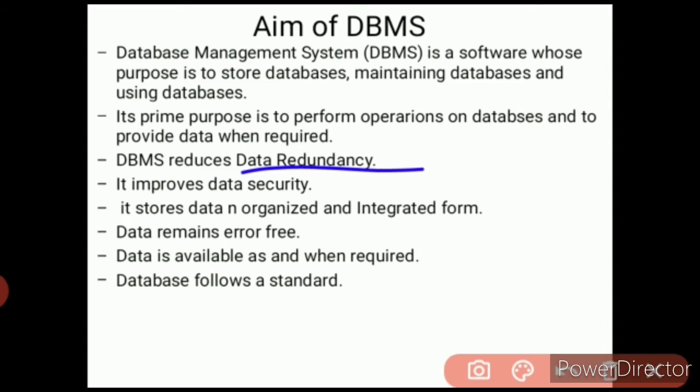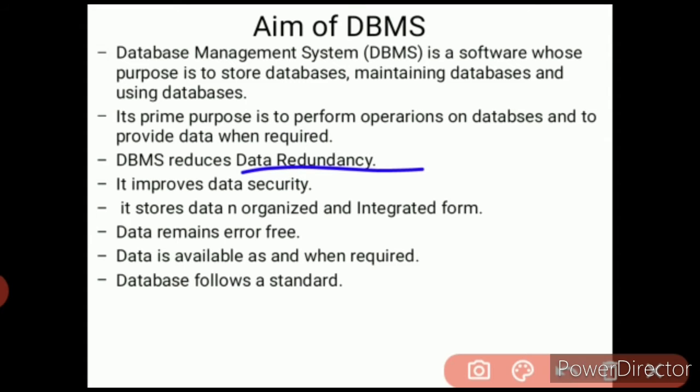Data is available as and when required. When you already maintain your data in a particular software, as per your requirement, you can easily access that, right? Suppose if I put the admission number of a particular person like Shivansh 1348, it means I just want to search the database of student Shivansh having admission number 1348, right?